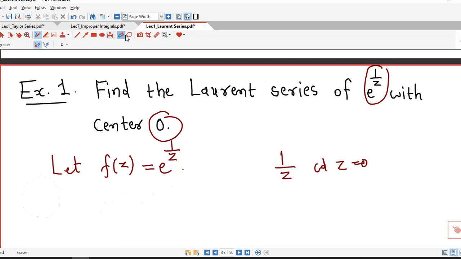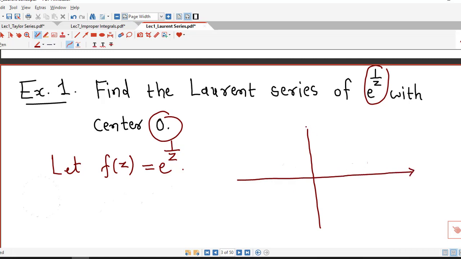Therefore e raised to 1 by z is also not analytic at z equal to 0, and we have to find the annular domain in which our function is analytic. This given function is not analytic at z equal to 0 only.